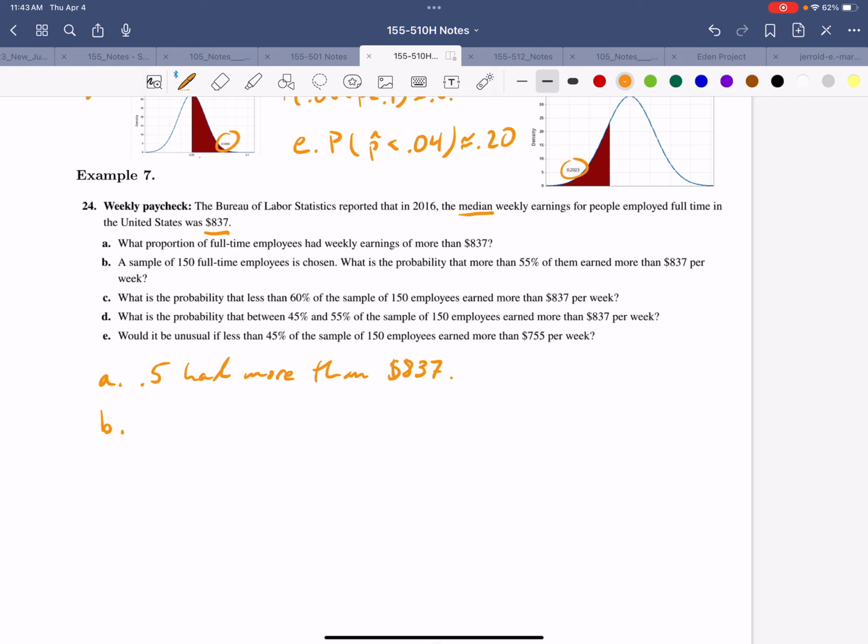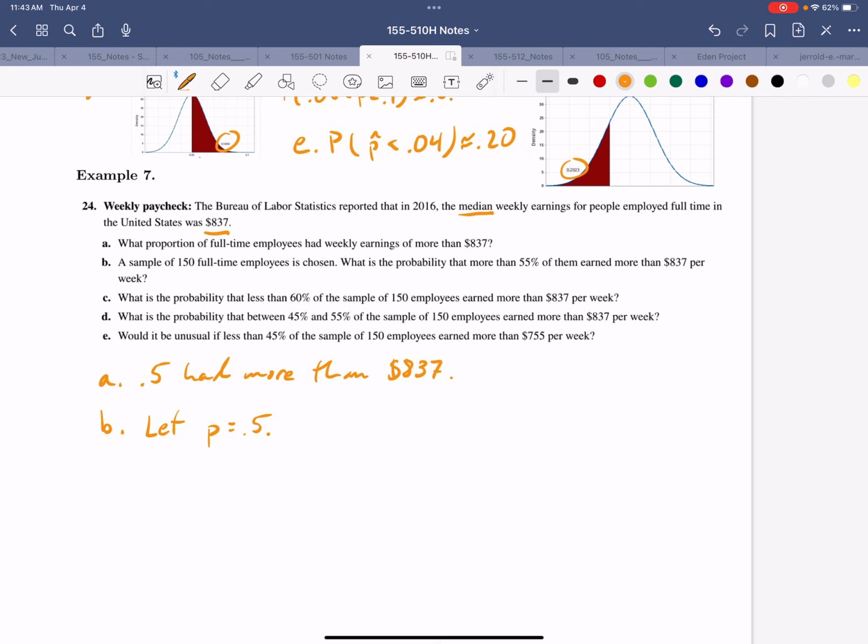What's the probability that more than 55% of them earned more than that? All of a sudden, we're interested in more than 5% over the mean. We let p equal 0.5, because that's the proportion of people earning at least $837.